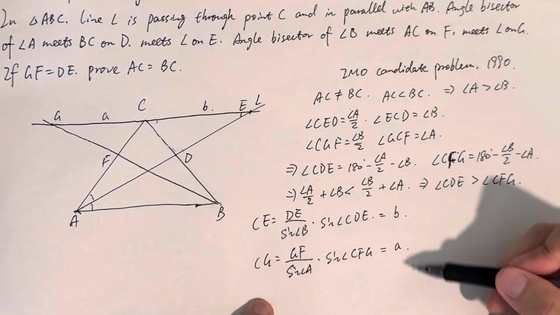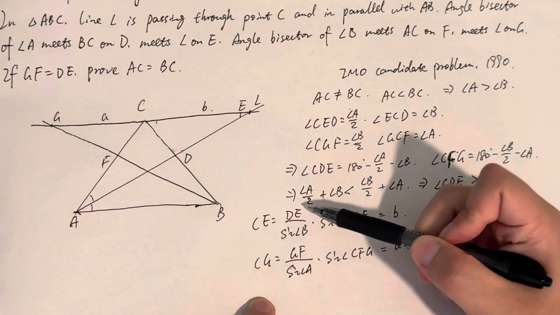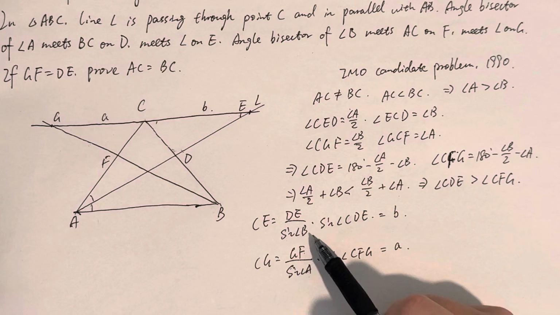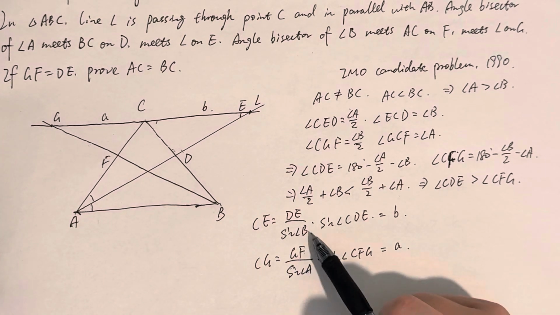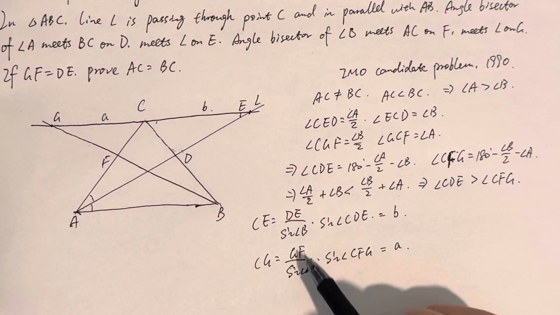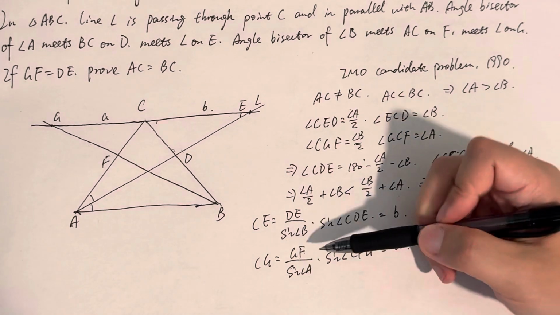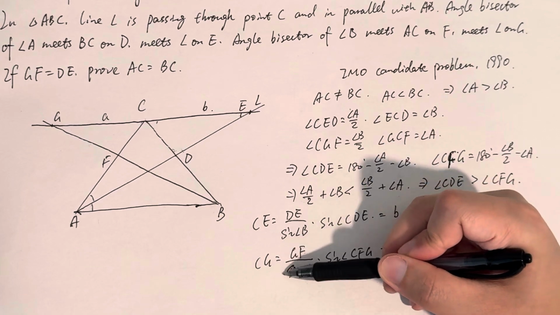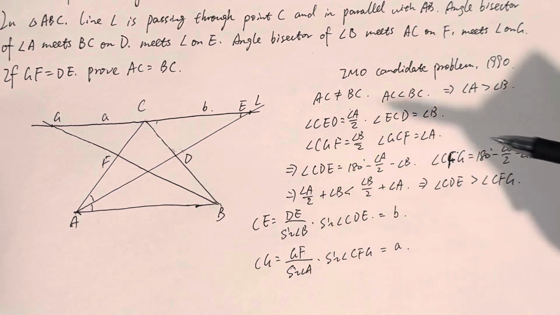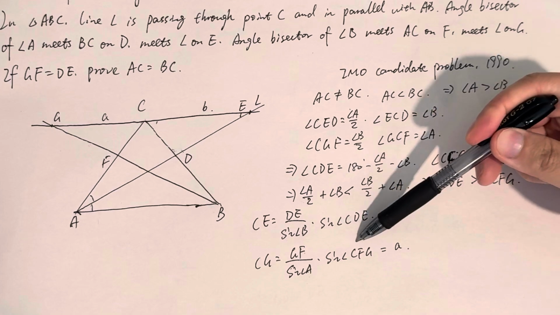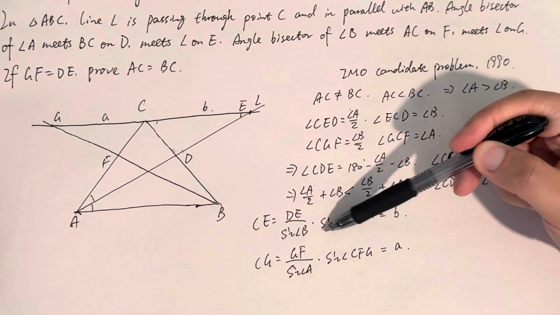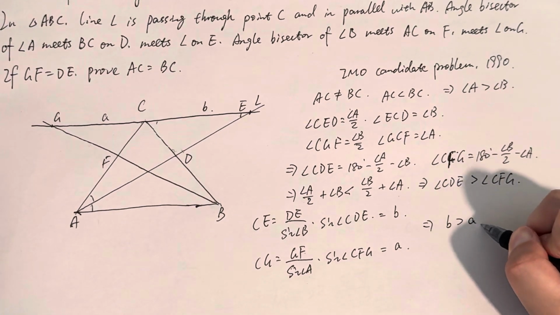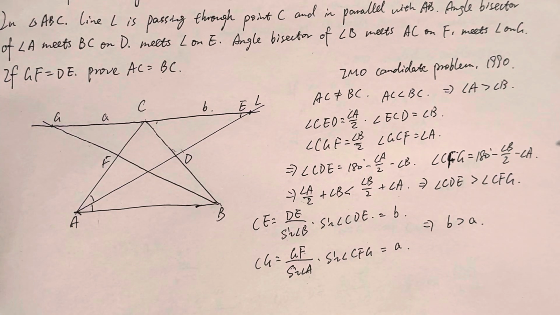Right, now we look at these two equations here. DE equals GF, that's what we already know. And because angle A is larger than angle B, that means sine angle A is larger than sine angle B, right? Which makes this term larger than this term, right? And because angle CDE is larger than angle CFG, this term is larger than this term, which means b should be larger than a, right?